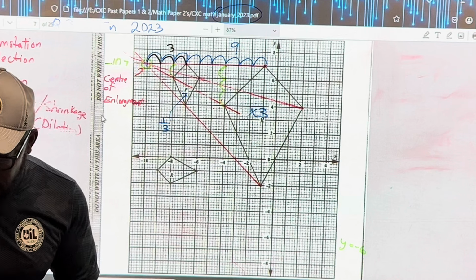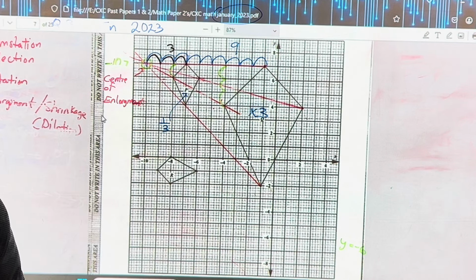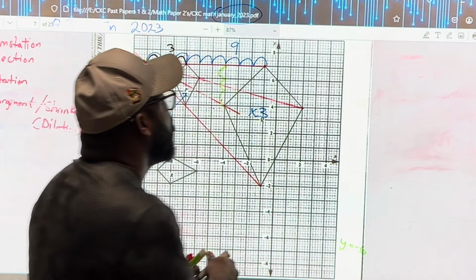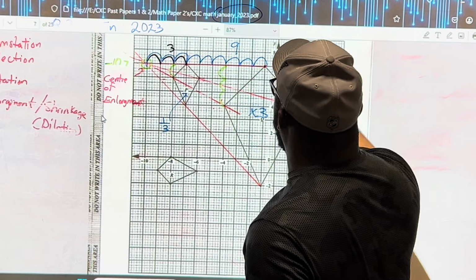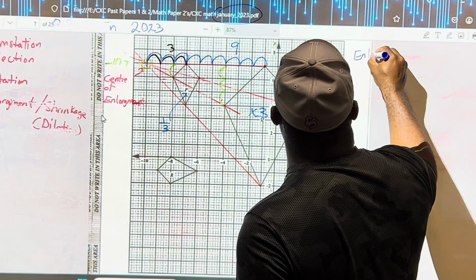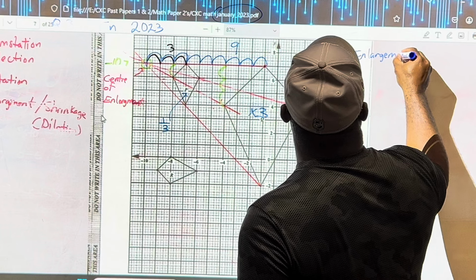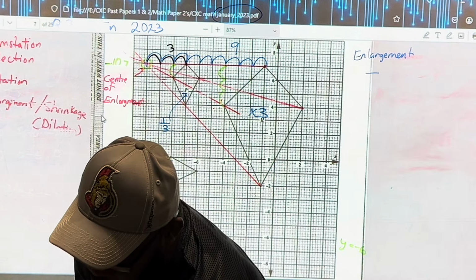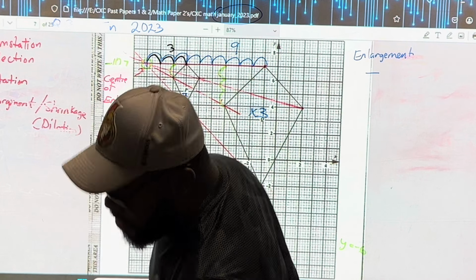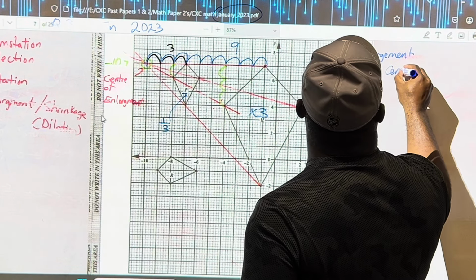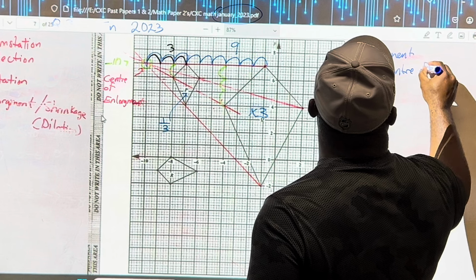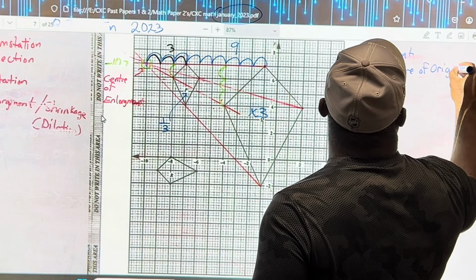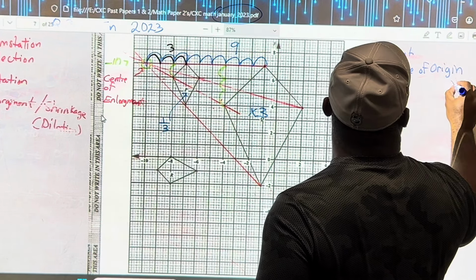Good. So when you're dealing with enlargement, everybody write this with me, please. You're dealing with enlargement. One, you need to know the center of origin.